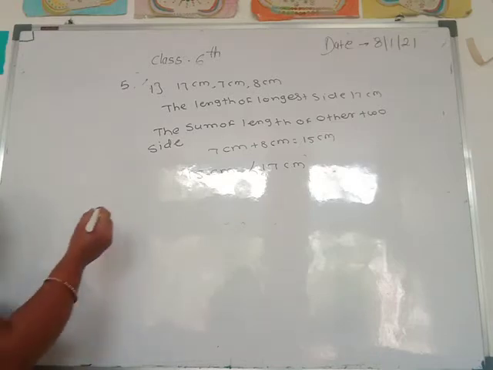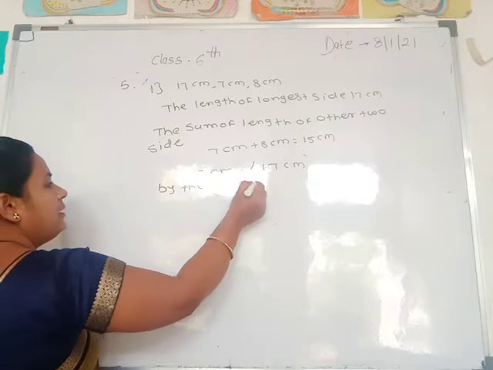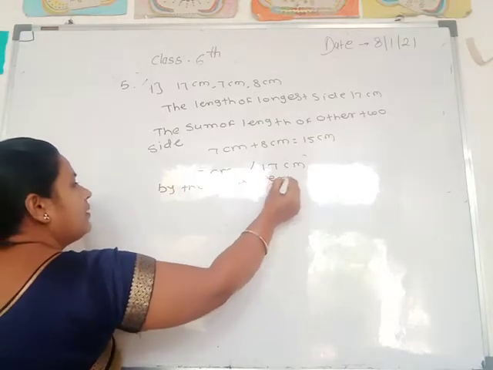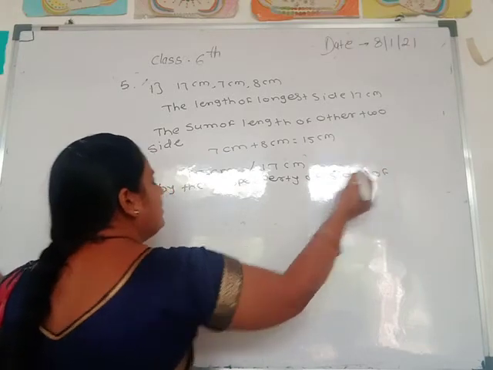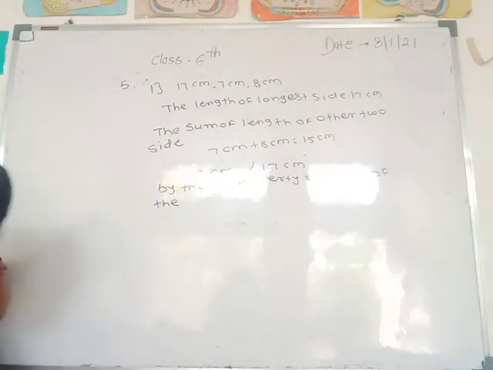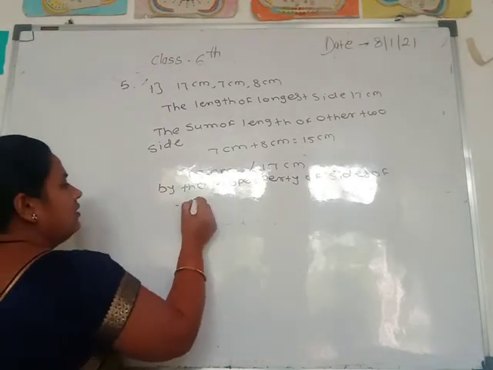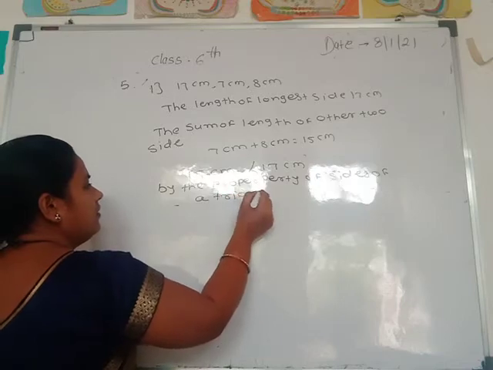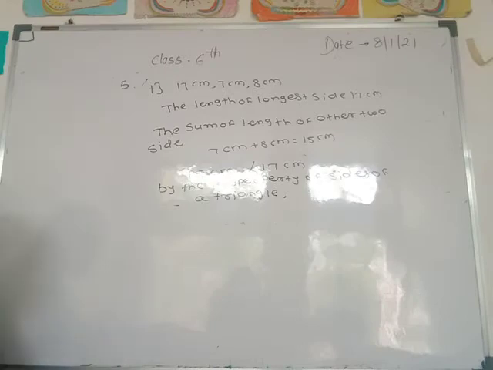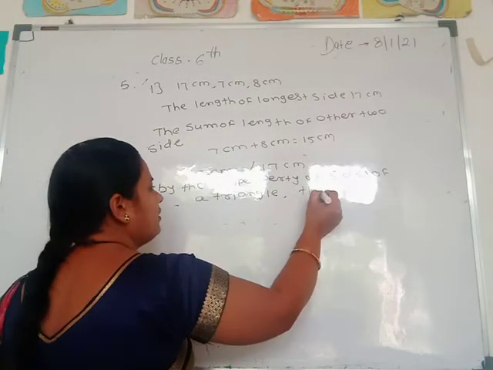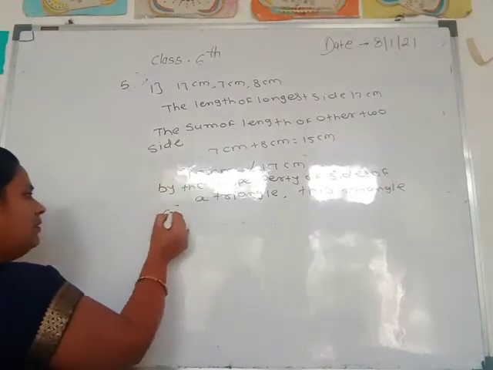You write here: by the property of sides of a triangle, this triangle cannot be drawn.